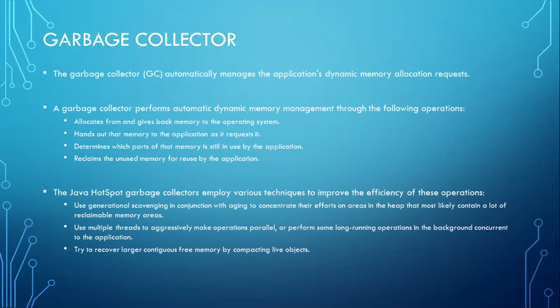So garbage collection helps you reclaim the memory used by objects which are not referenced at this moment, and gives it back to the pool from where it can again start allocating to new objects.